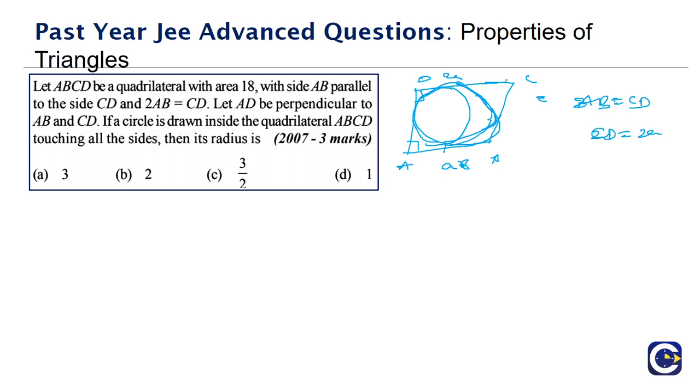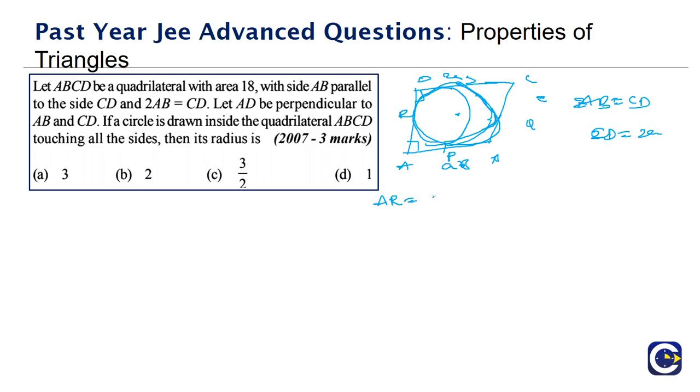Let us assume the radius of the circle which we require is R. The circle touches all the sides at points P, Q, R and S. The distance from the center of the circle to any point on the circumference is nothing but the radius.